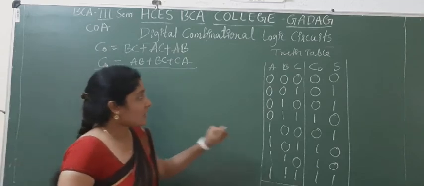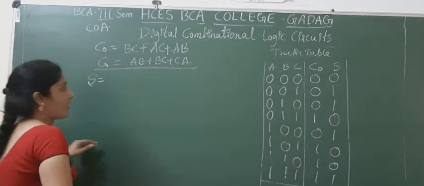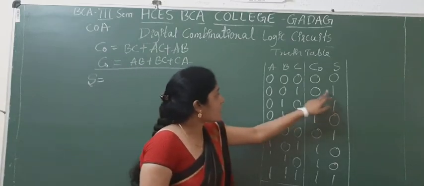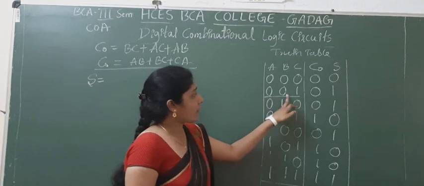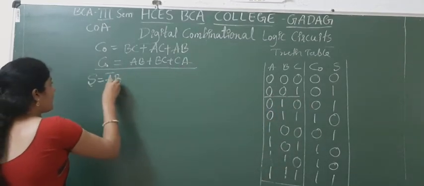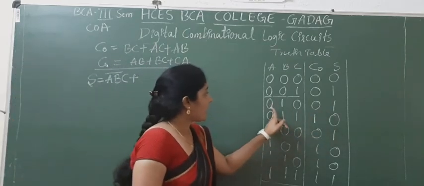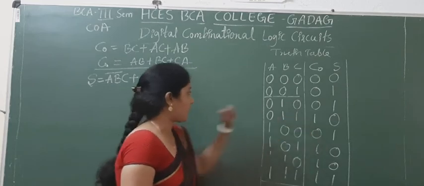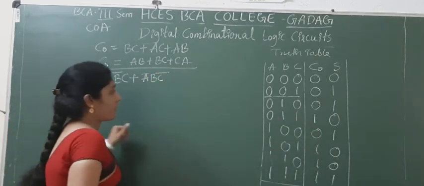Now consider sum. So what is sum here? Where it is 1. So this time you consider all the variables. So A bar, B bar, C plus next A bar, B, C bar.